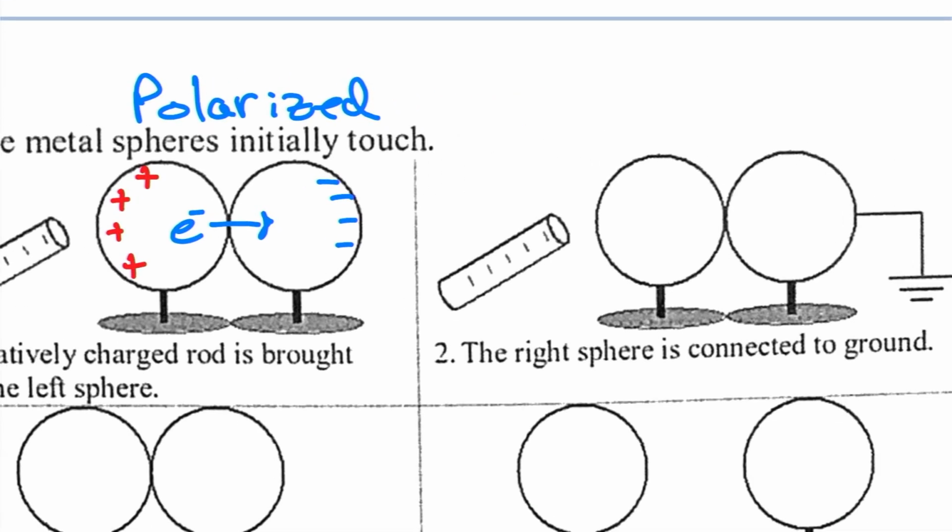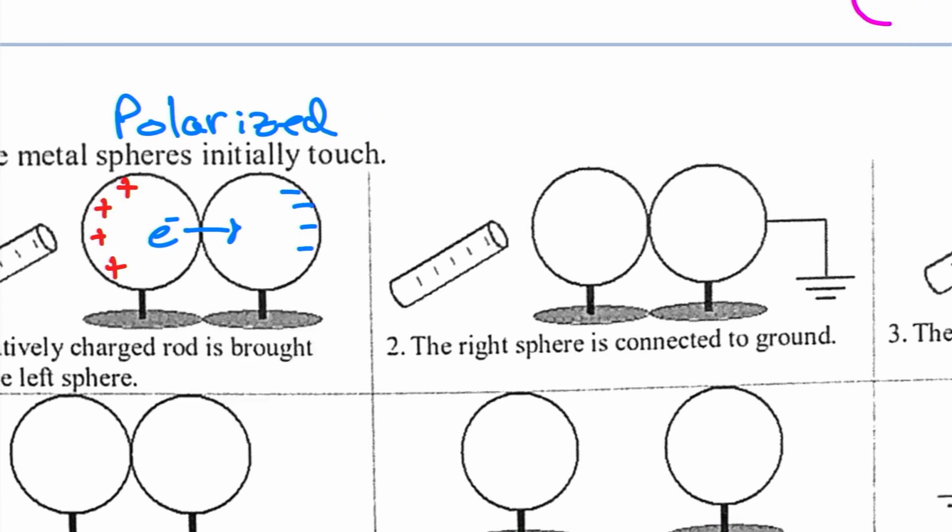Now, when the right side is grounded, what it does is give those electrons a path to the Earth. And they're going to leave altogether.